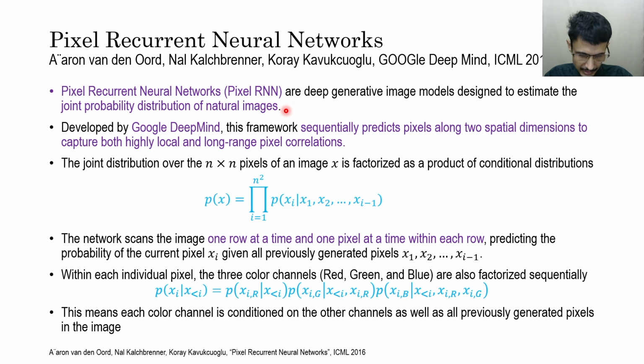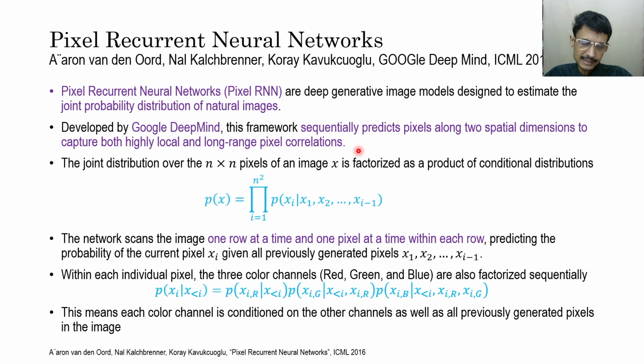In images, pixel correlations and pixel statistics are very important to model in order to understand the total image statistics. So here two kinds of correlation are captured, both highly local and long-range.